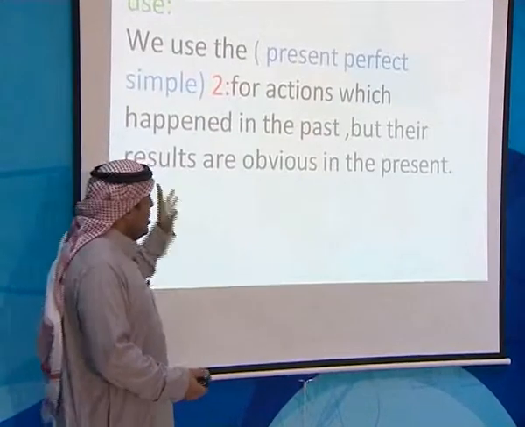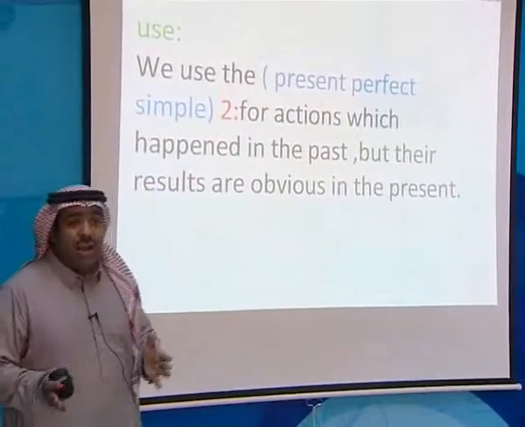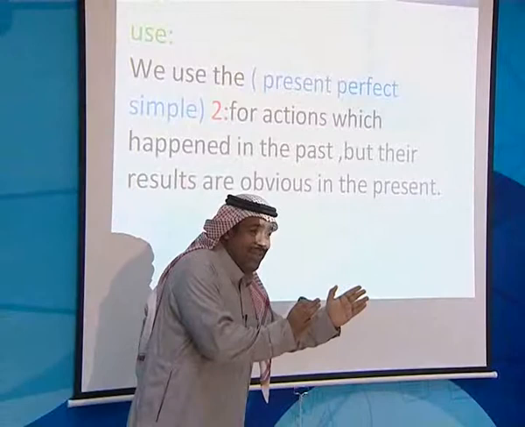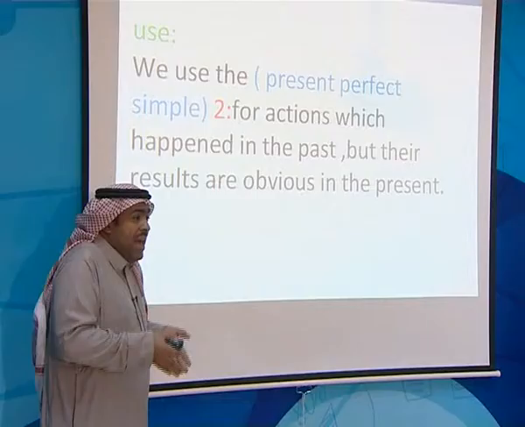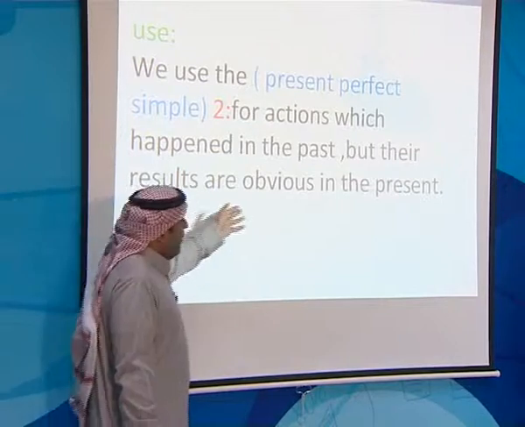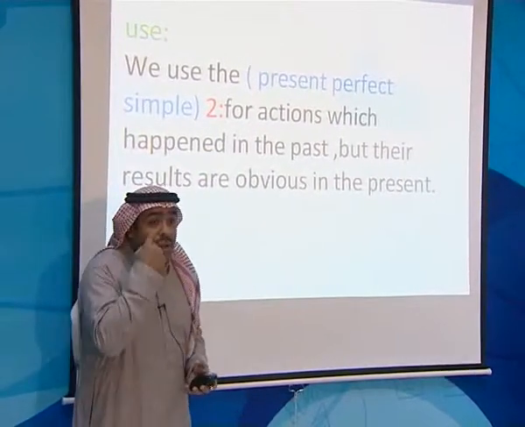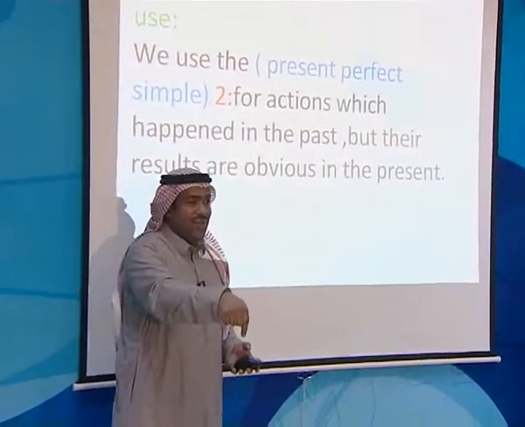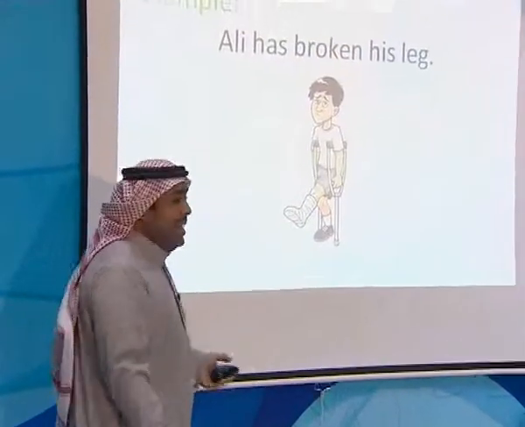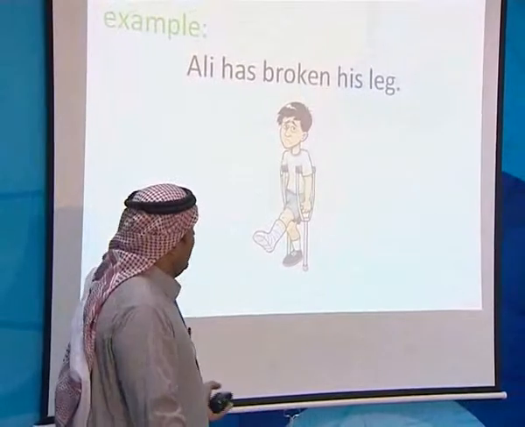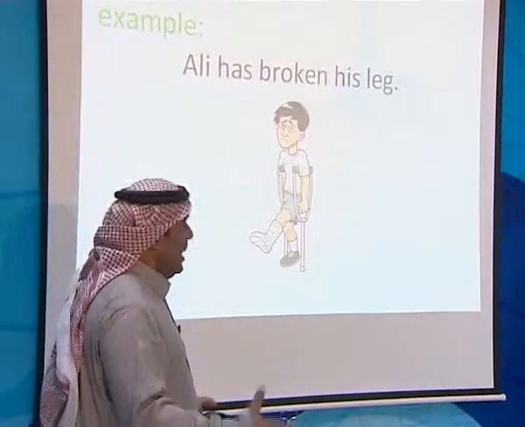Again, use number two. We have actions happened in the past. Okay, but we have results now. The results are obvious in the present. We can see the result in the present. Our example is Ali has a broken leg. Ali has broken his leg.